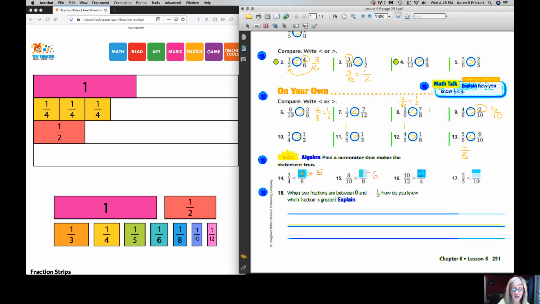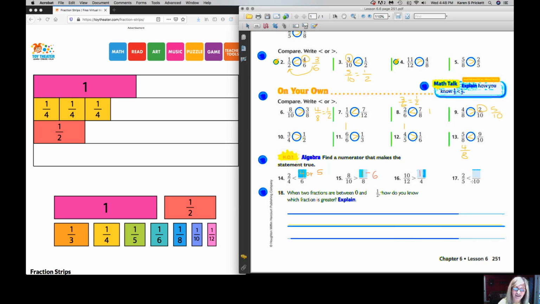Well, this one could be 1. 10/12 is greater than 1/4. It's greater than 2/4, which is a half. And so definitely 1 or 2 would be perfectly good answers for those.